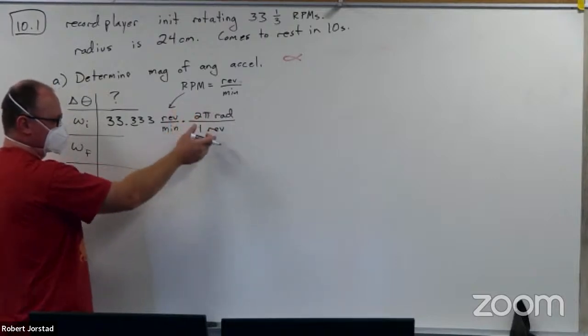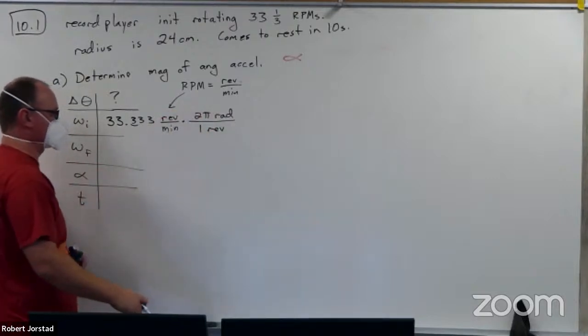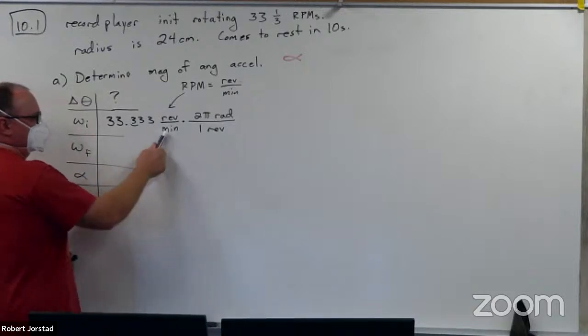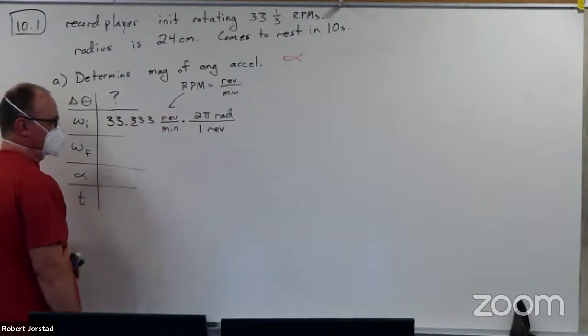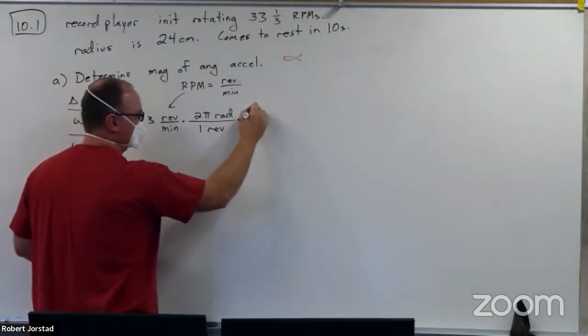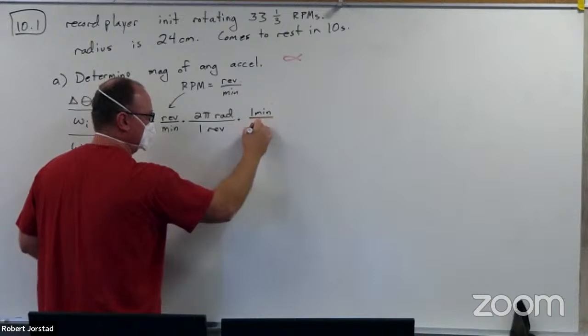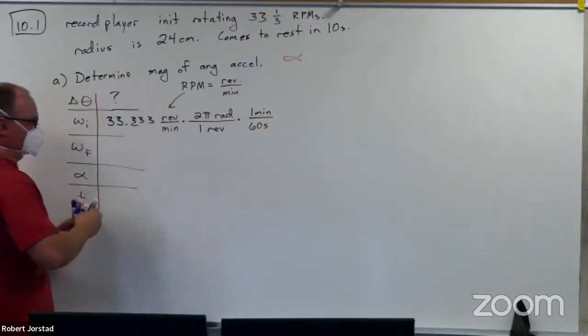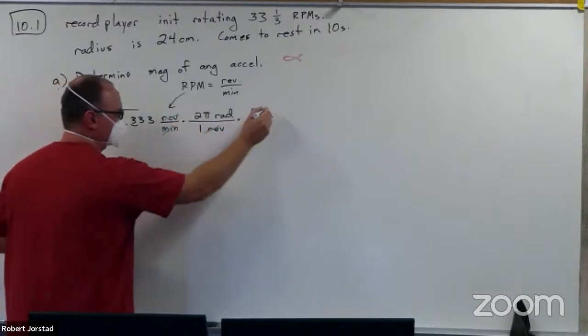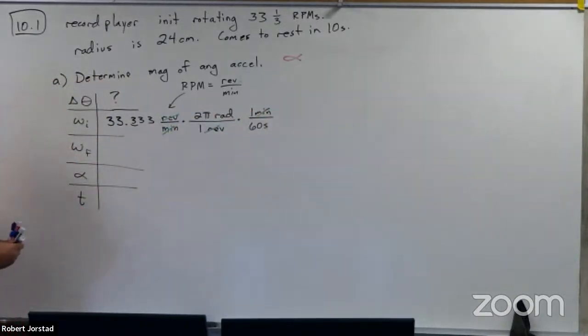Minutes is a bad unit for a physicist usually. What can we do with that? 60 seconds per minute. Make sure you put the units in the right spot so they cancel out. Boom, boom, boom. We've got radians per second.